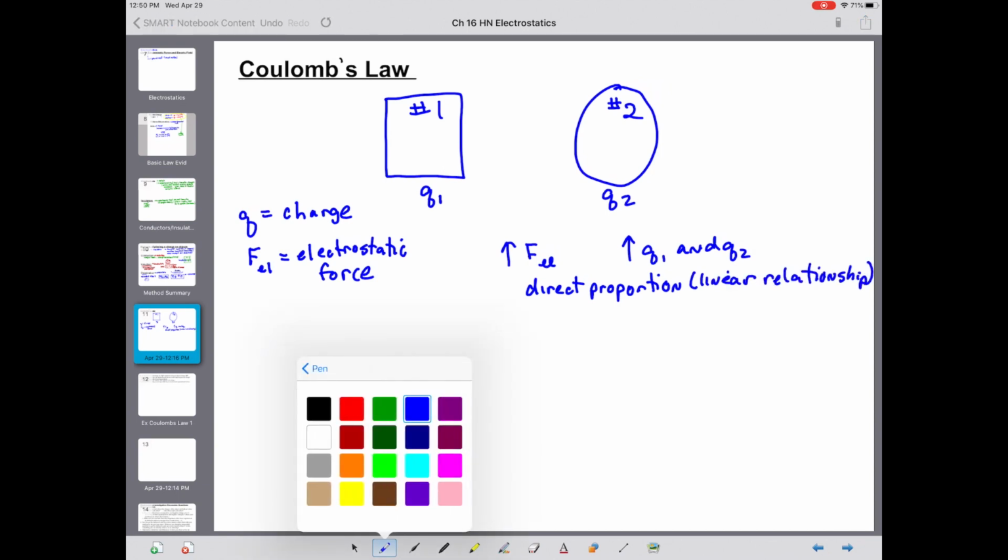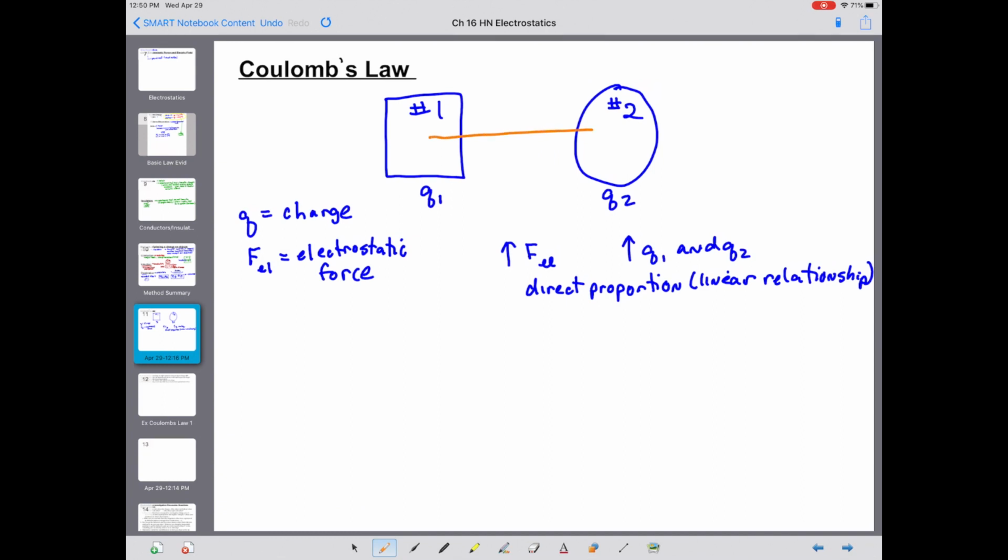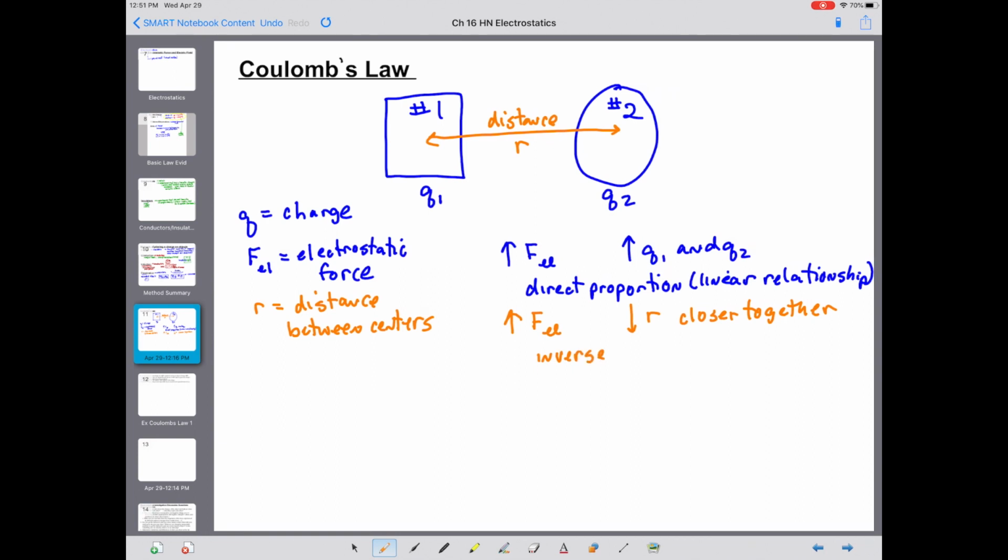The other thing we can adjust here is where these objects are, what distance separates these different objects. And we're going to use an r for that distance. So r is the distance between the centers. If we want to increase the electrostatic force, well, then we're going to have to put the objects closer together. Well, now those things are doing opposite, and so that implies an inverse relationship.